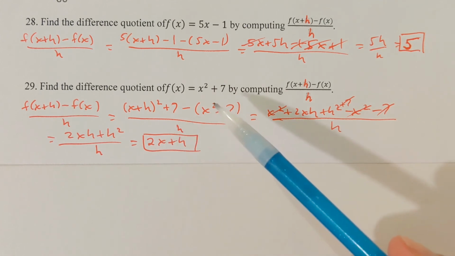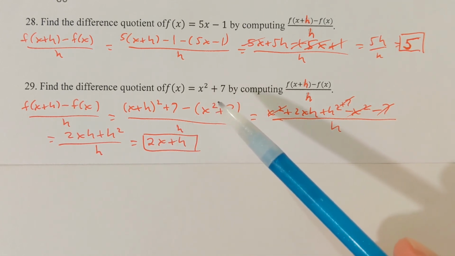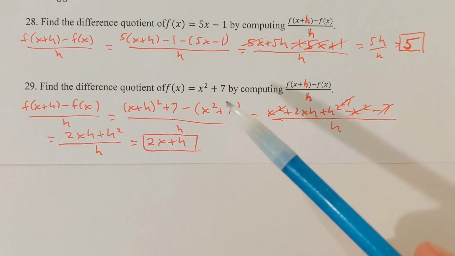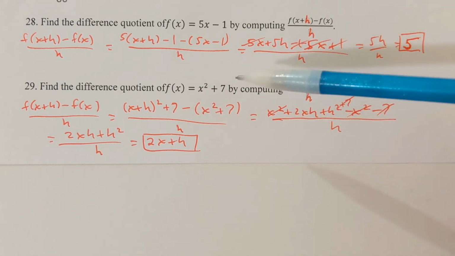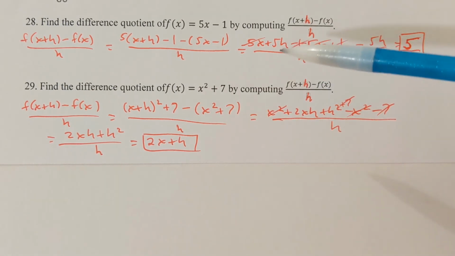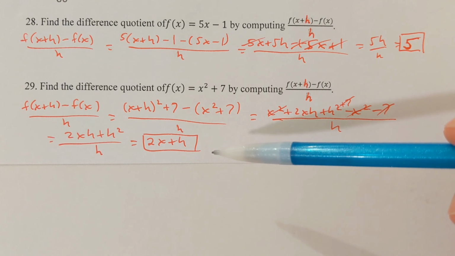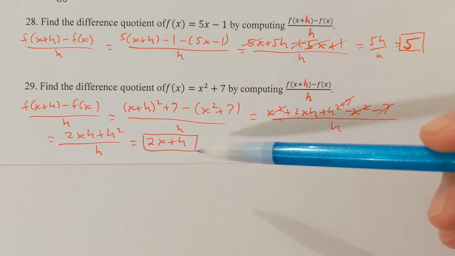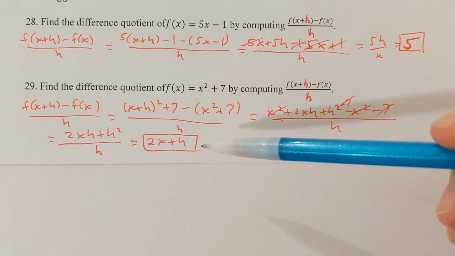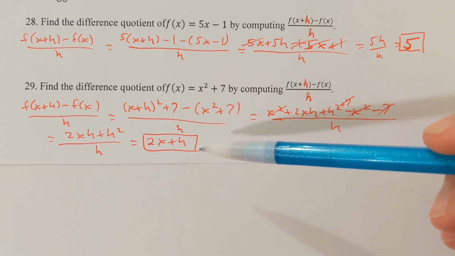So now this graph is not a line. It's a parabola shifted up 7 units, and I'm calculating the change in y from one point to the other point, and it's 2x plus h.